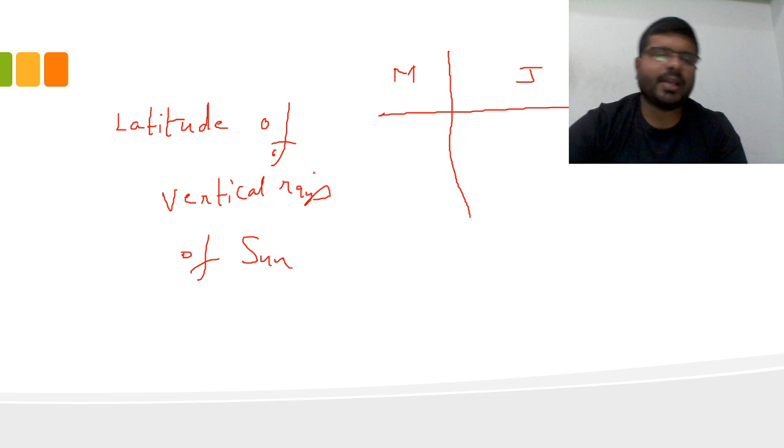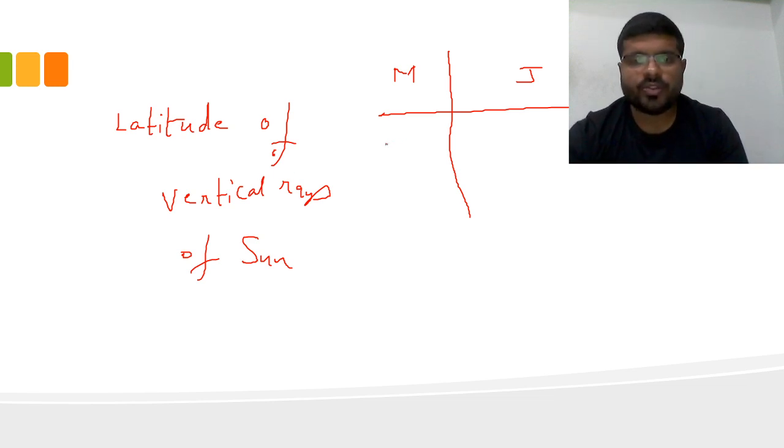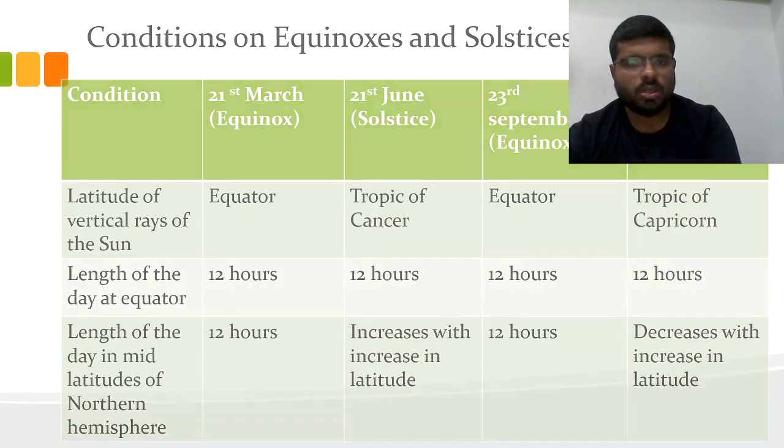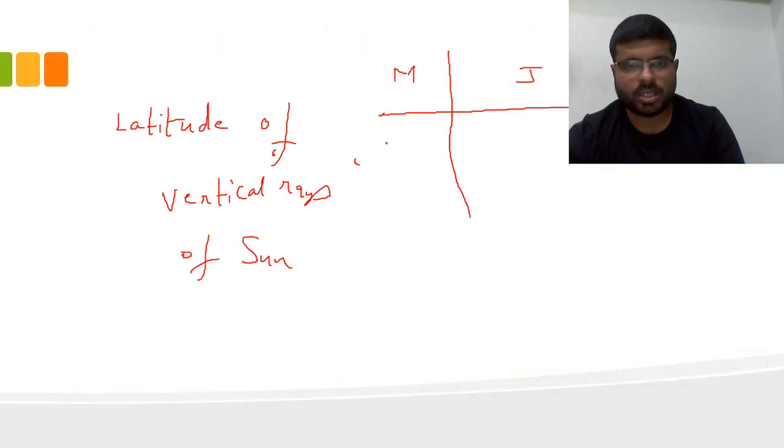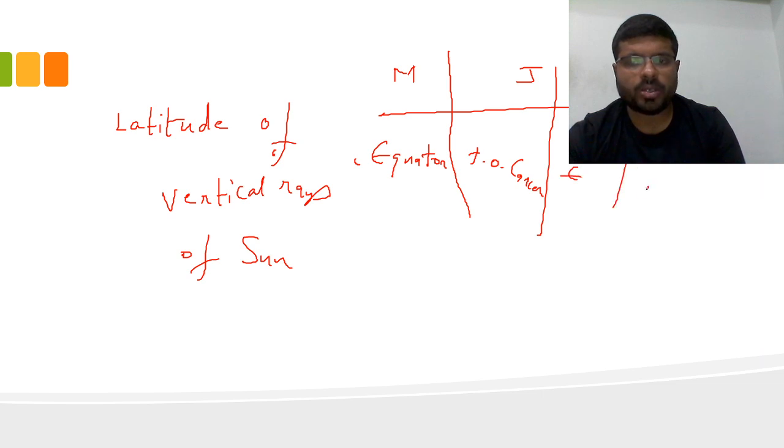Try to think. The latitude of the vertical rays of the sun on March 21st will be at which position? Equator, as you discussed now. What will be the latitude of vertical rays of the sun in June solstice? Tropic of Cancer. Then equator, then Tropic of Capricorn.